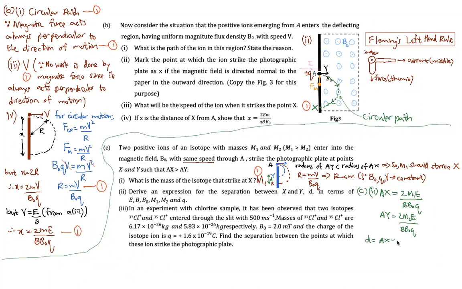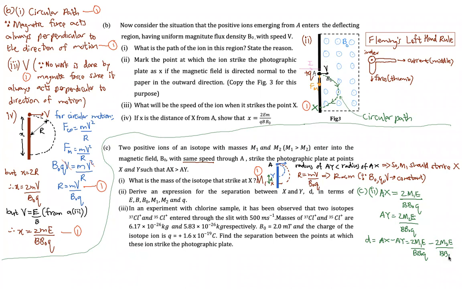AX is 2m1E over B naught Q minus 2m2E over B naught Q.